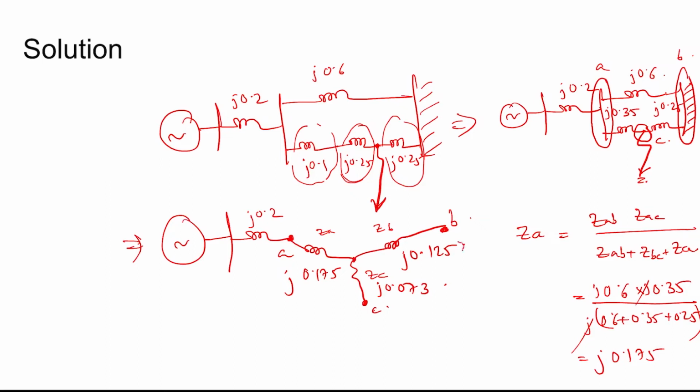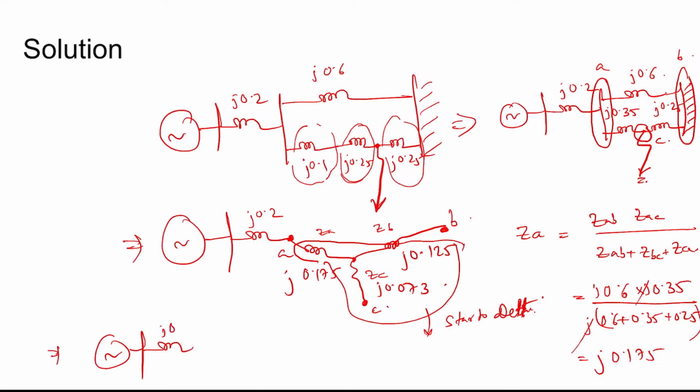Now we know that when this is converted into its equivalent delta, star to delta, this is j0.2 and this is B. So between A and B one impedance will come and the other impedances will go to C. So this impedance we need.